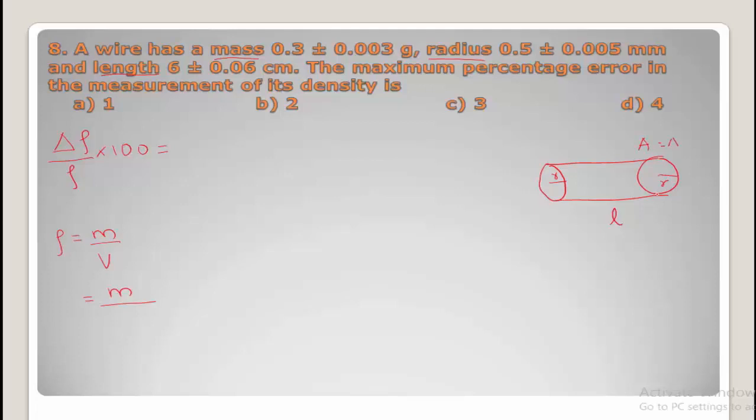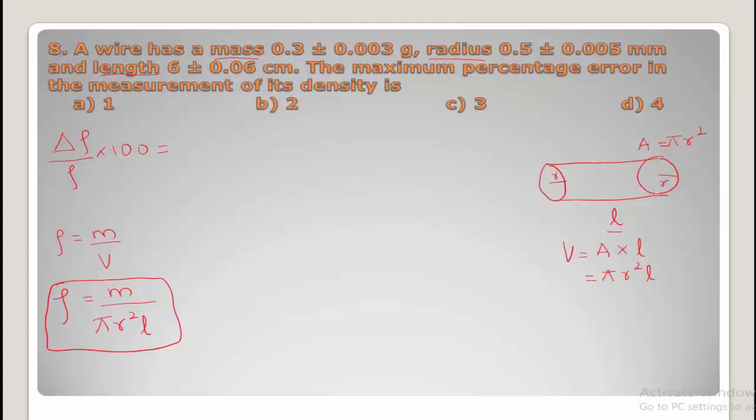Area is equals to pi r square. We already know that. And length of the wire is L. So volume is equals to area into length. Area is pi r square L. So the volume of the wire is pi r square L. Is it clear? This is the relationship between mass, radius, length and density.